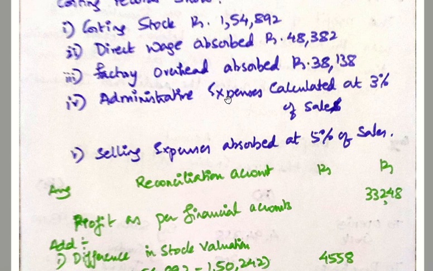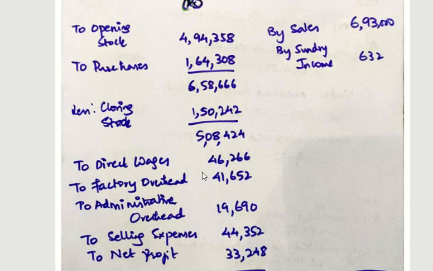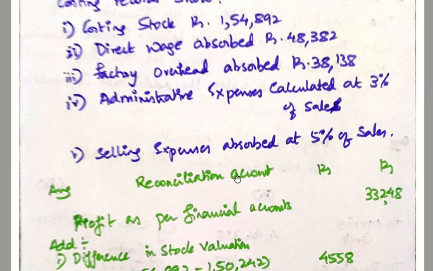So as third item, which is factory overhead absorbed rupees 38,138. And what is your factory overhead as per financial books? 41,652. So your factory overheads is shown at an excess in your financial books more than your cost books. So factory overheads is under absorbed in your cost books.